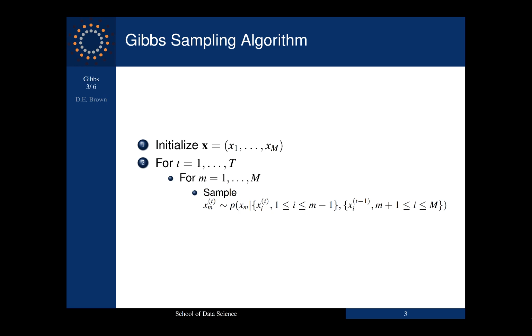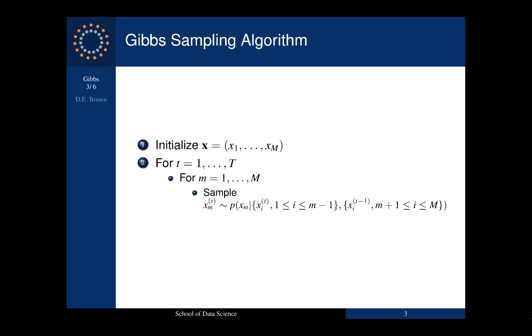And then for t, which indexes our iterations, and goes from 1 to capital T, and for m, which indexes our dimensions, and goes from 1 to capital M, we're going to sample a point in one of the dimensions, little m, at a time in the iteration count t, according to a draw from this target and proposal distribution, p, for one of the dimensions, xm. And we're cycling, so we're going through them 1, 2, 3, all the way up to capital M.